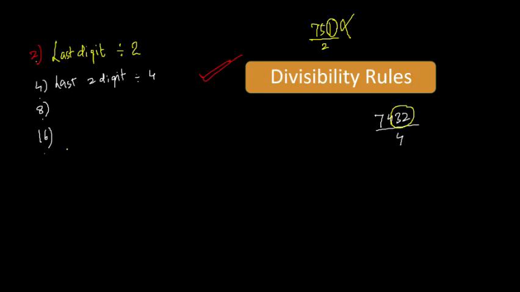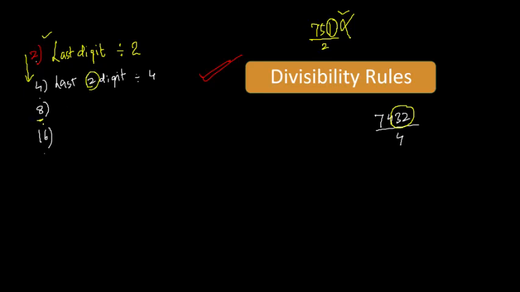So we can say it is divisible by 4. So whenever you increase the power of 2, the rule is keep adding one more digit from the last. So for 2, we only have to check the last digit. For 4, we only have to check the last two digits.